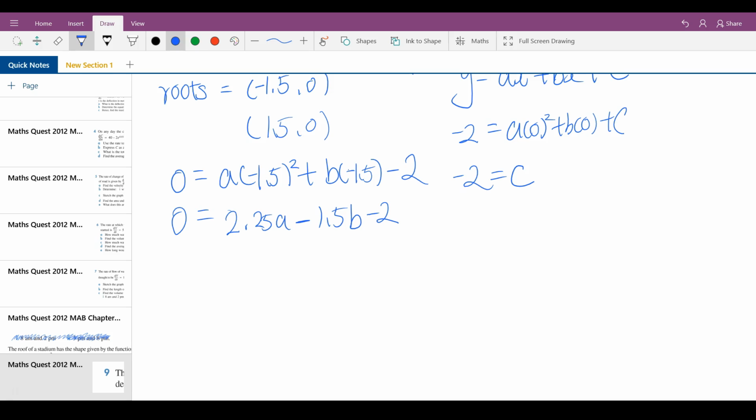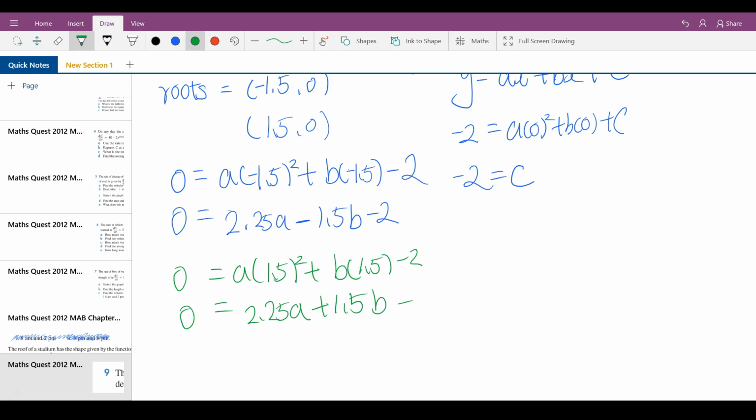So that's the first equation. For the second one, we'll use the second root: 0 is equal to a times positive 1.5 squared plus b multiplied by positive 1.5 minus 2. That would be 2.25a plus 1.5b minus 2.